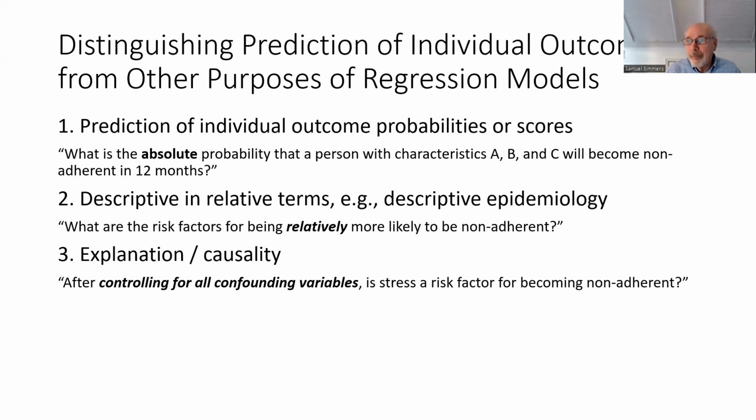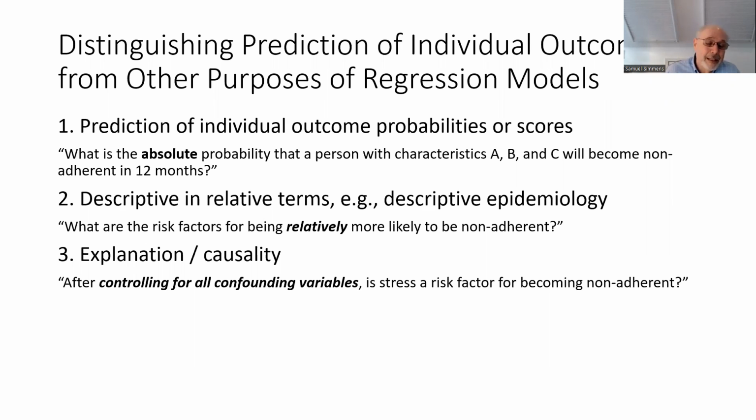But we also use those kinds of regression models to deal with causality, even though we may not use the term causality. So we ask, is there an association between stress and becoming non-adherent on HIV medication, and we want to control for all these other confounding variables.